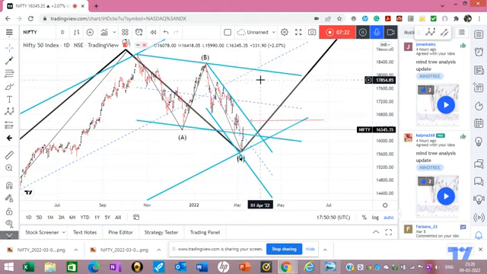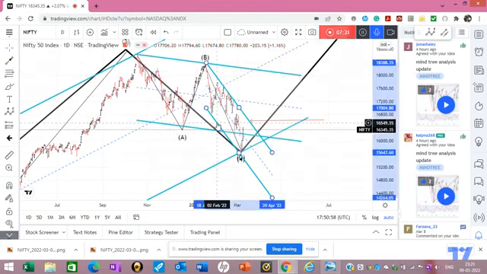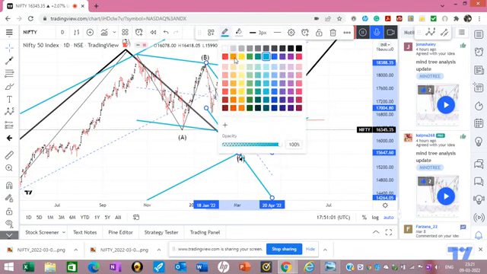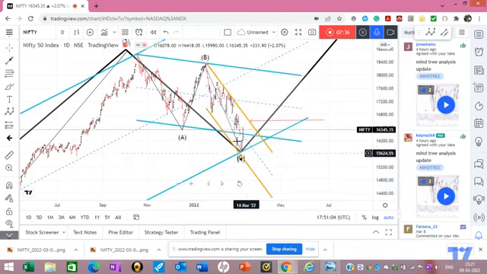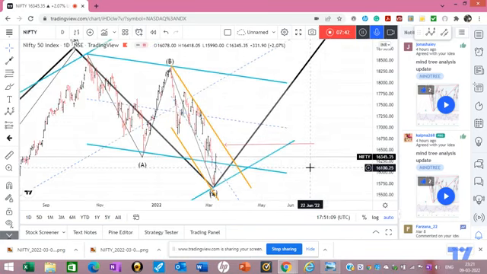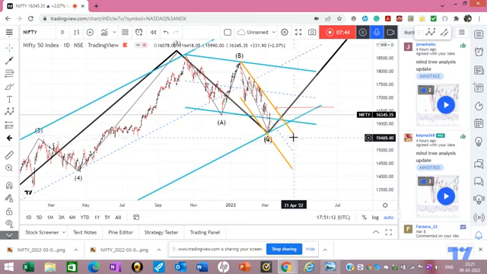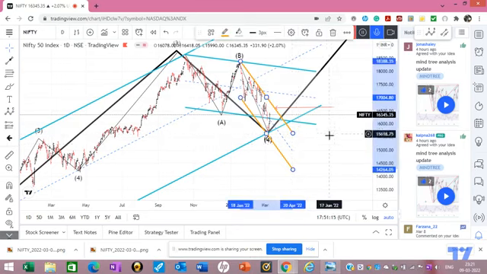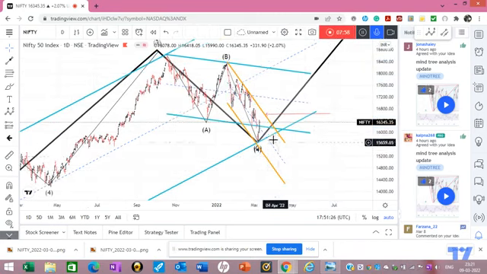Once it breaches this channel, then the upward trend is confirmed. But this channel has to be breached. This one, the yellow one. I'm using the Dow principle, support and resistance, trend lines, very simple analysis. So it should reach this yellow channel.